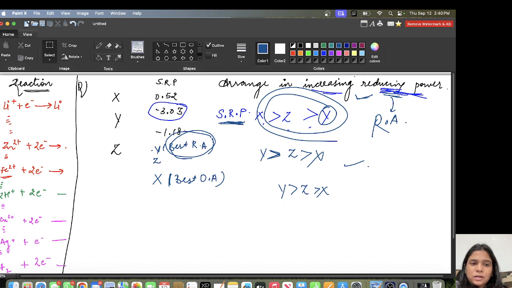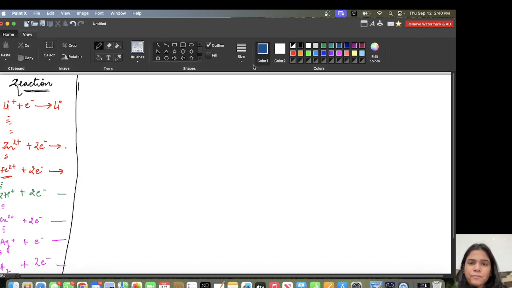Understood? One more question we will do in the same manner for more clarity. The question has given you the E naught values of certain things. The E naught value of Cr3+ to Cr is minus 0.74 volt.